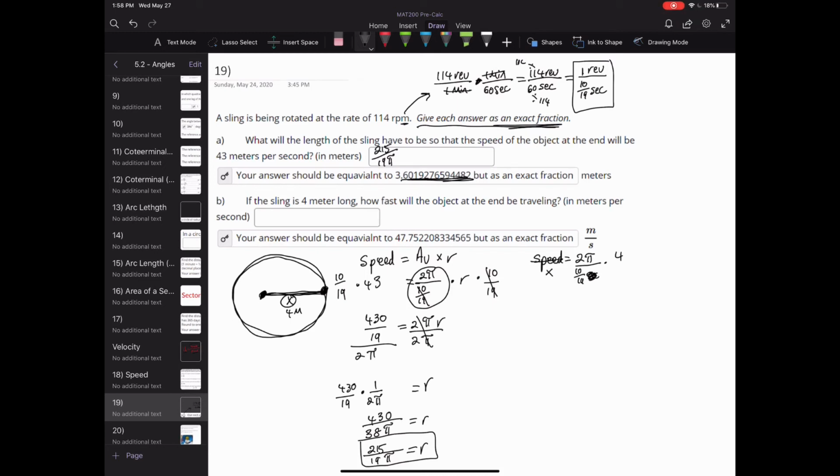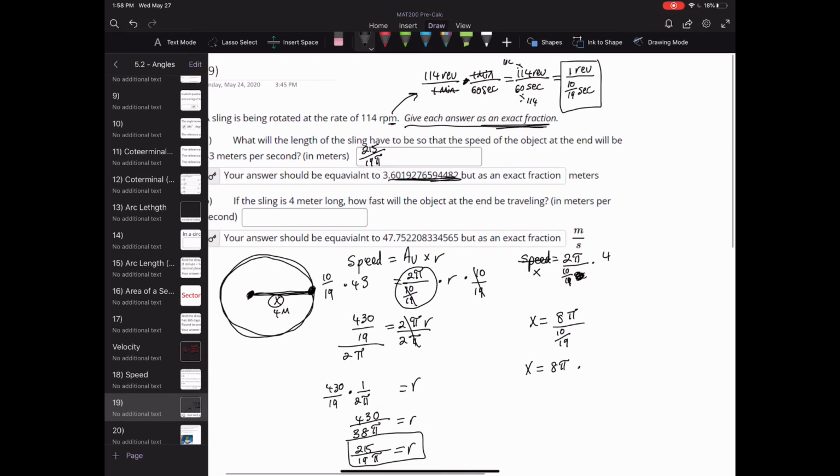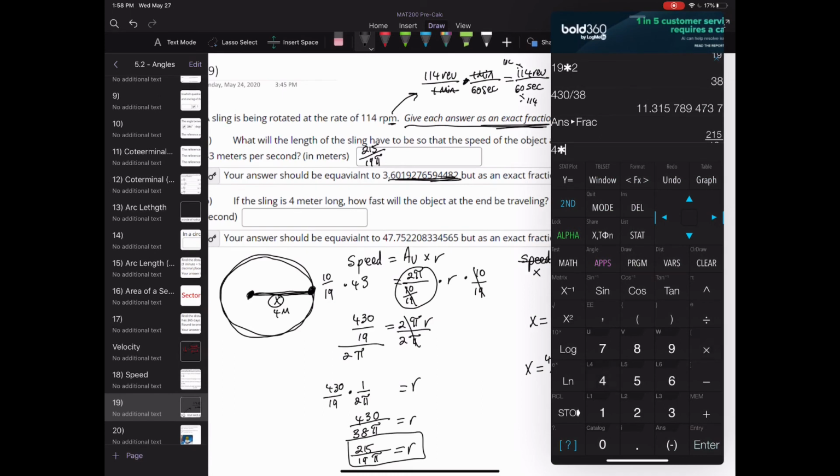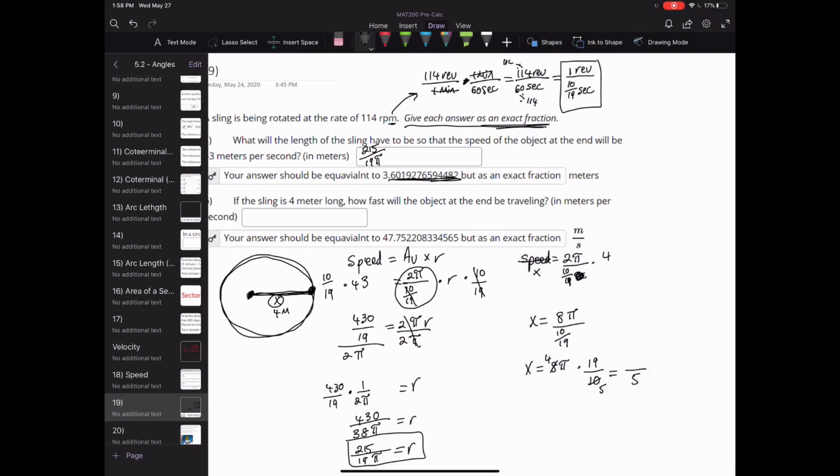And let's simplify. X is equal to 4 times 2 is 8 over 10 over 19. And I'm going to do what I did before. Dividing is the same thing as multiplying by the reciprocal. So that's 19 over 10. And 2 into 8 is 4. 2 into 10 is 5. So we end up with 4 times 19, 76.